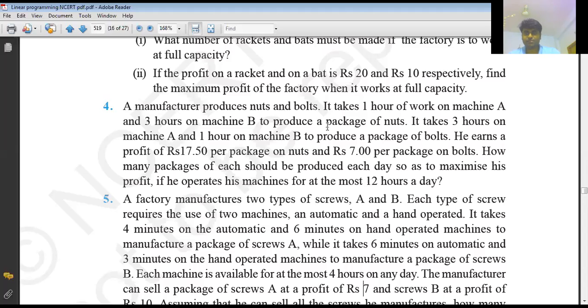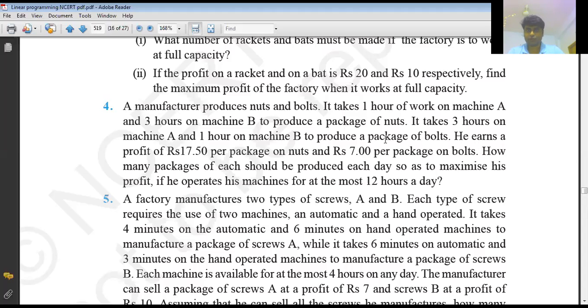To manufacture bolts, how many hours will it take on machine A and how many on machine B? See the second sentence: it takes 3 hours on machine A and 1 hour on machine B, for a package of bolts.